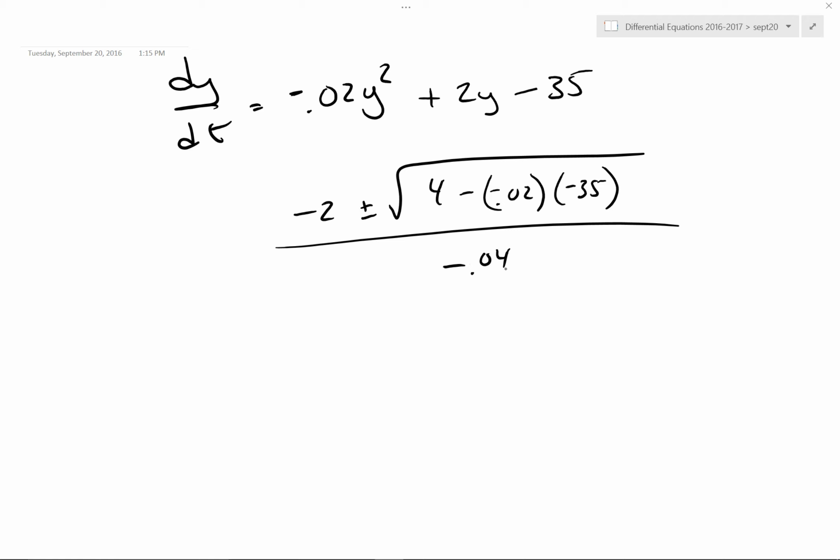So give me a solution for that. These two solutions will be the equilibrium solutions. They will exhibit the same equilibrium ideas that 0 and 100 did, but they'll just be shifted towards each other. Oh, did I forget a 4? Sorry, thank you. 4ac. There we go. Good call.